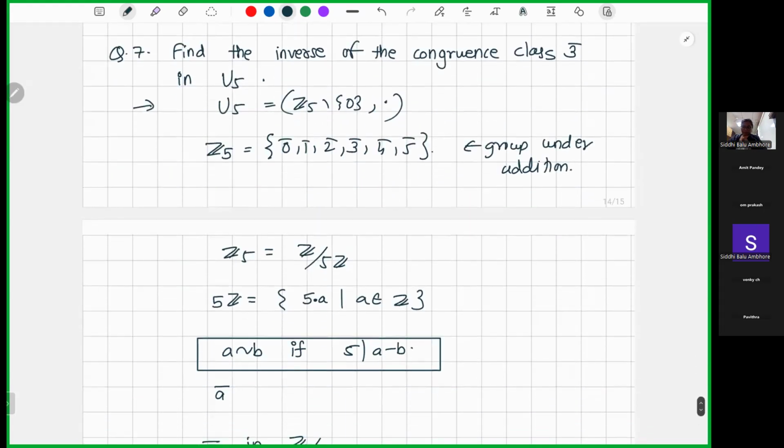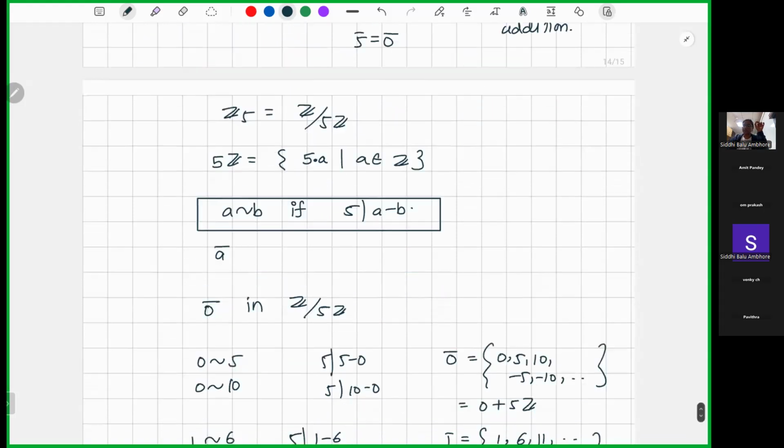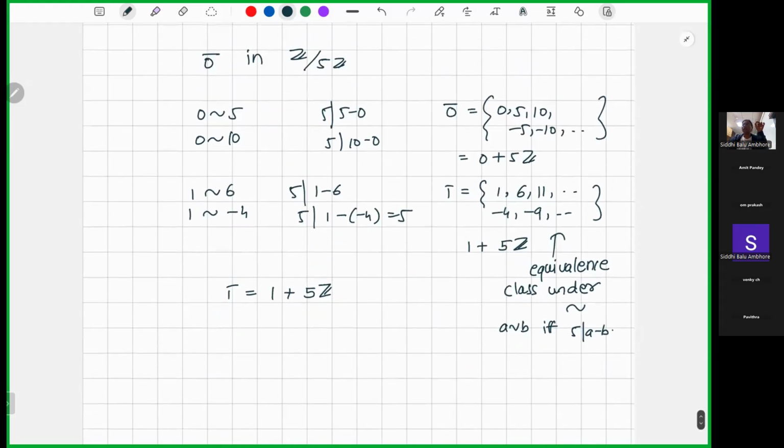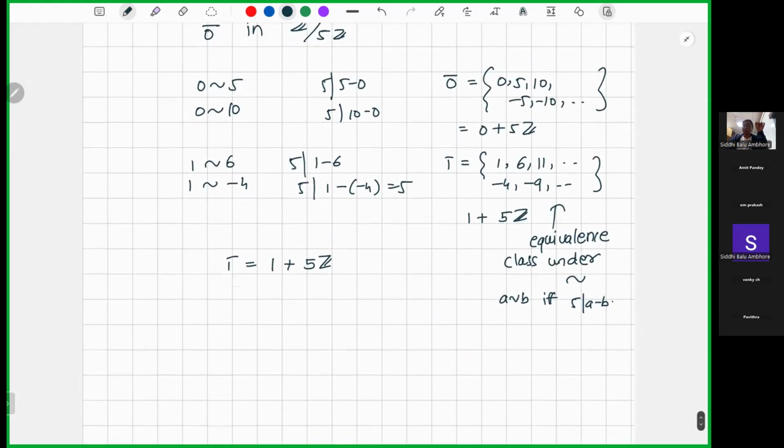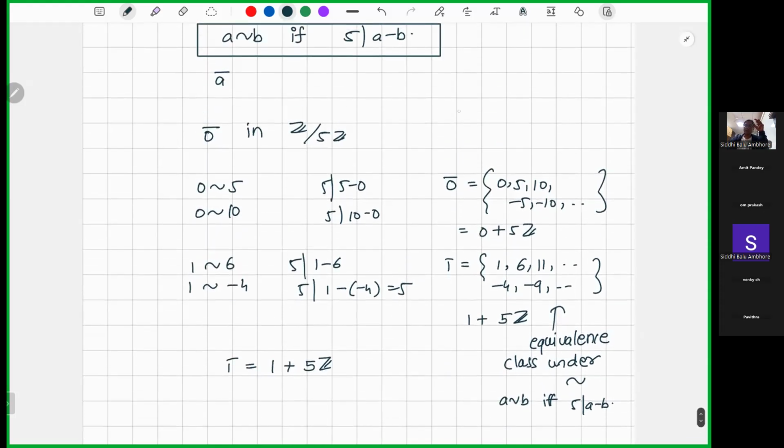Now I hope what that bar signifies is clear. Sorry, here it won't be 5 bar. 5 bar is anyway 0 bar, right? Because we know that if A is related to B, then B is related to A. This is the equivalence condition.